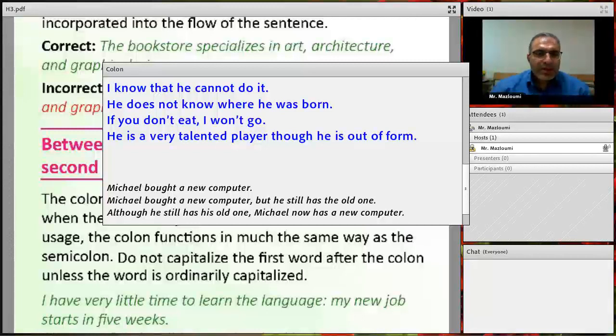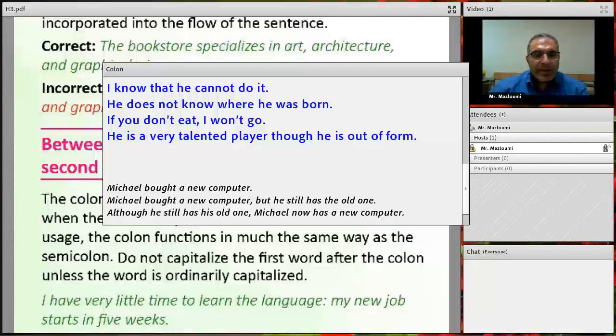If you don't eat, comma, I won't go. So if you don't eat, okay, then what? We need something here, as you can see. It is a dependent clause. I won't go. It is a main clause. It is an independent clause.